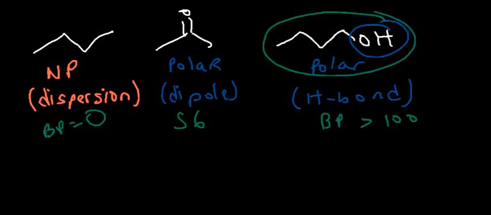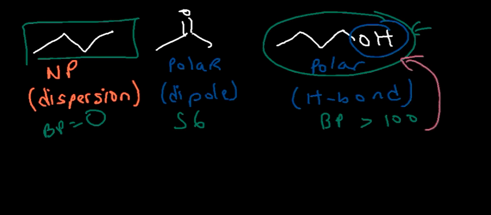So aldehydes and ketones, their boiling point exceeds that of nonpolar molecules, but it's less than those that have hydrogen bonding. Now, sometimes you might also get asked, which of these molecules have the greatest solubility in water? Now, the ones that are most soluble in water are the polar ones.